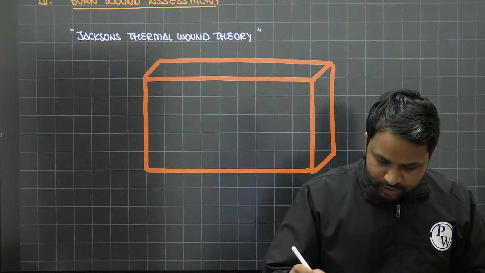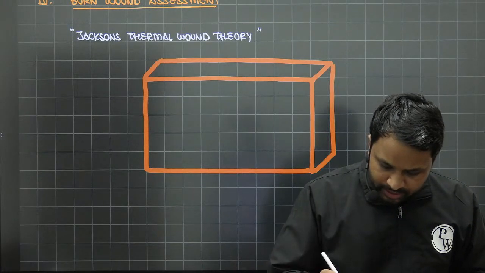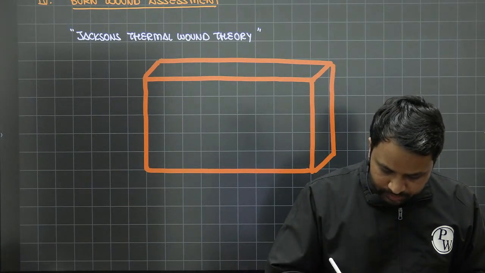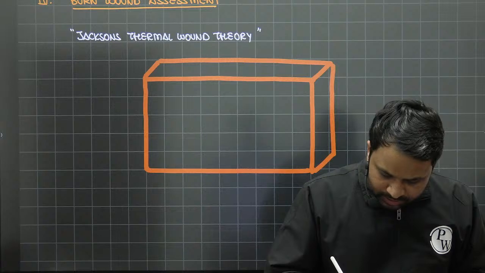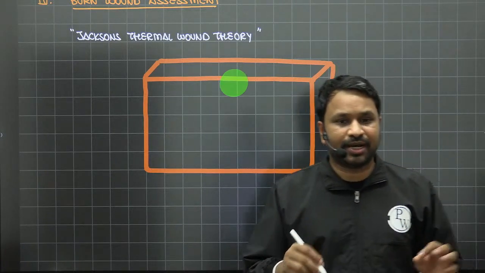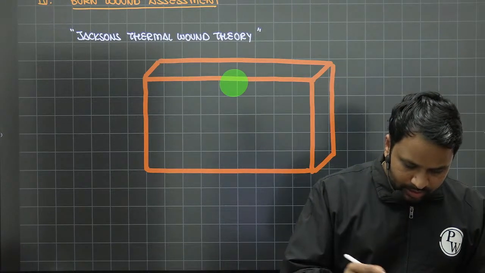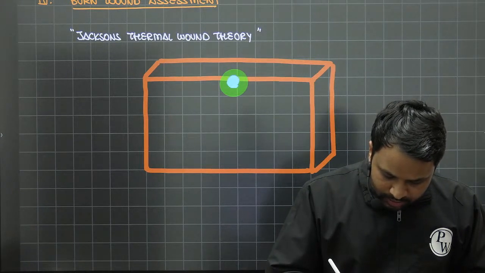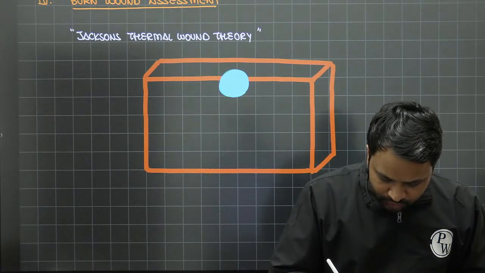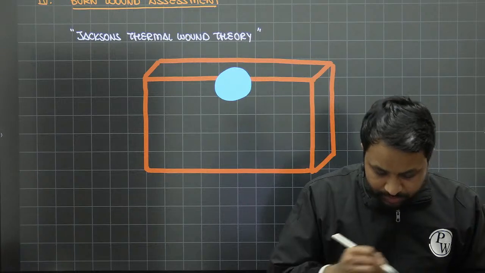So the first zone of the burn is going to be a central zone which is present here. This is the zone which is going to be present right in the center. So we'll use our colors. This is the first zone where you have the maximum impact of the burn.